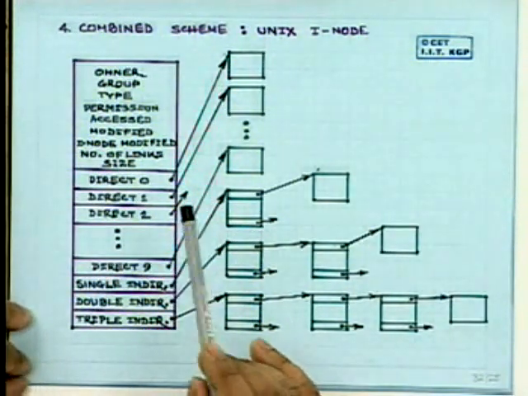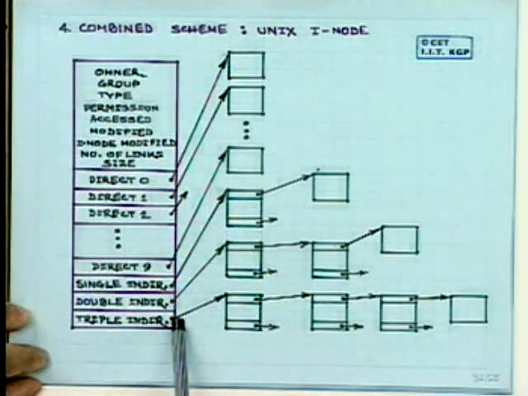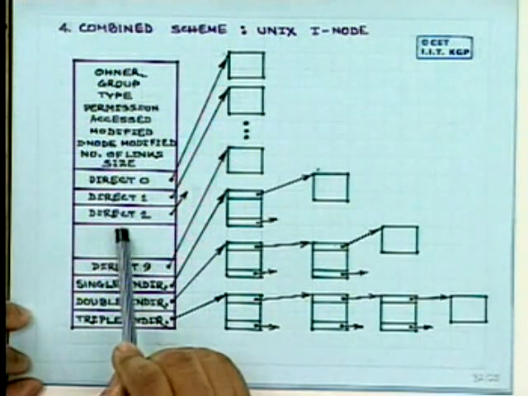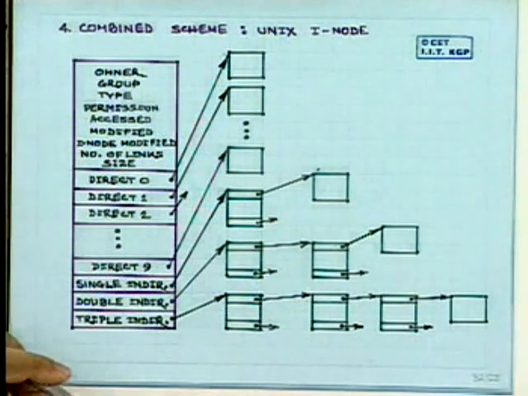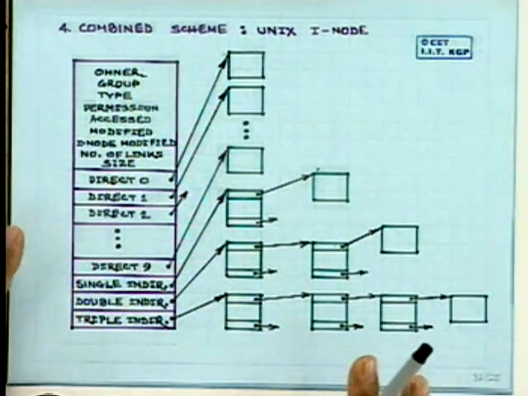To remind you once more, the inode is itself contained in a physical block, and every inode represents either a file or a directory. That is the Unix file system with its basic structure. And that's all so far as file systems are concerned, and we stop the discussion on the file systems with this.